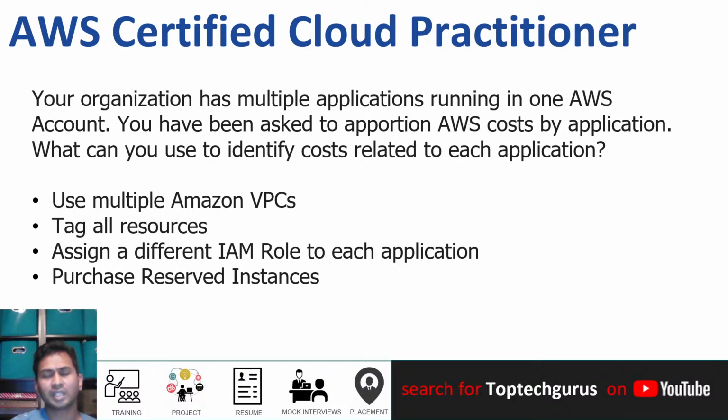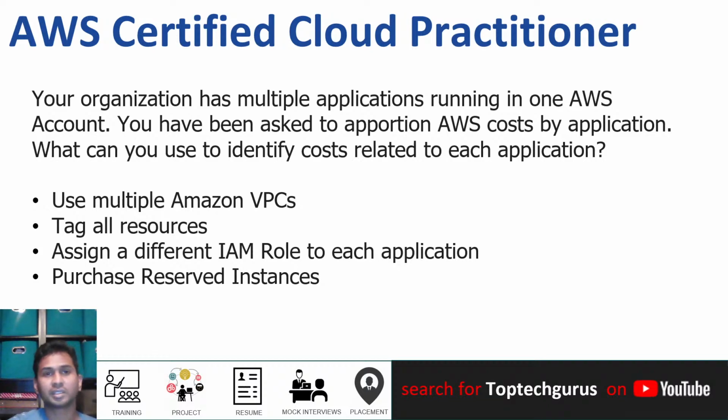But would that help us to actually report as different applications? Say application A, application B, and application C are what you have. Just because you have three different VPCs, does the Cost Explorer have an option to report by VPCs?